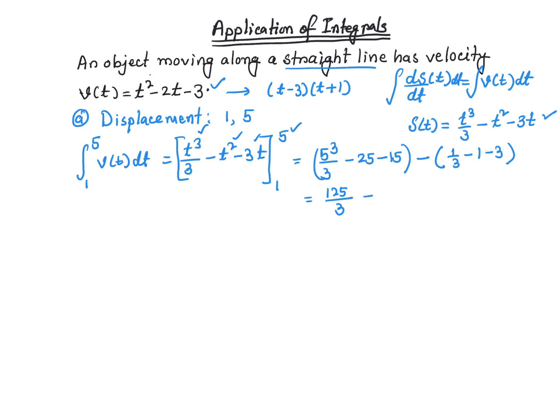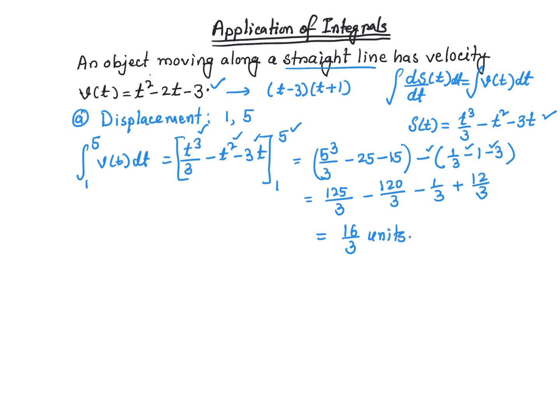Minus 40 is the same as 120 over 3, minus 1/3, and then the negative has to be distributed, so positive 1 and positive 3 make positive 4, which is 12 over 3. Why did I do that? So that I can simplify everything. So what do I get? 125 minus 120 is 5, plus 12 minus 1 is 16 over 3 units displacement, whatever your unit may be.